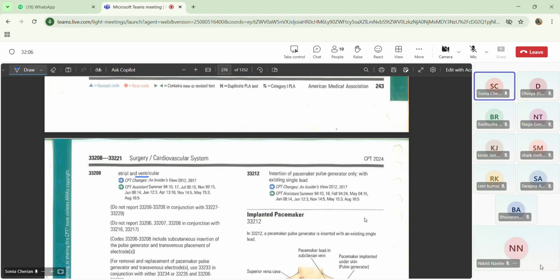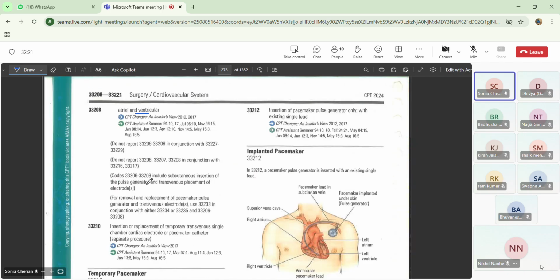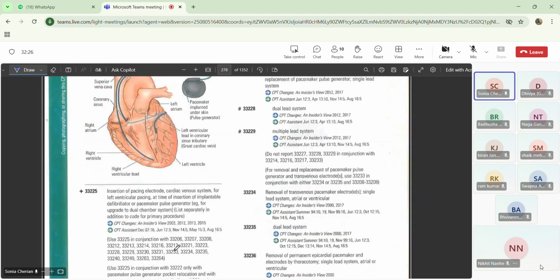Now, if they are placing the electrode in the right atrium, right ventricle, and left ventricle, then you have to code two CPTs, that is 33208 for the leads, and you have to code 33225 along with that. Why? Because they are placing a pacing electrode in the left ventricle.